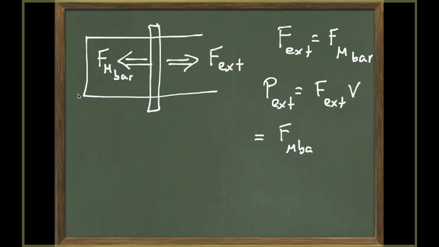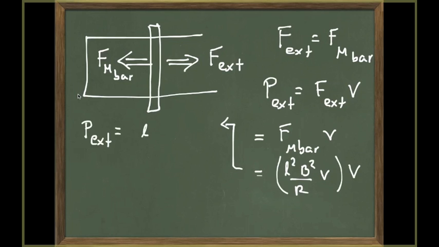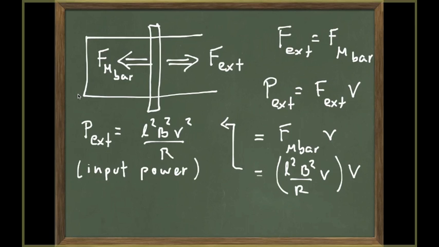So that external force is going to have to be equal to the magnetic force to keep this moving with constant velocity. So you're going to have V L squared B squared over R multiplied by V. That will be the power that you have to put in this system to keep it moving with constant velocity.